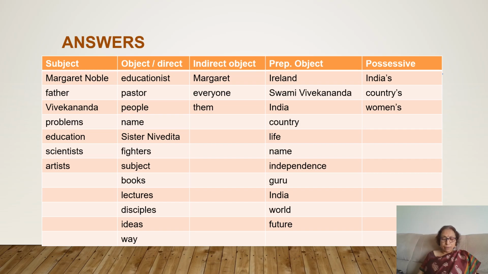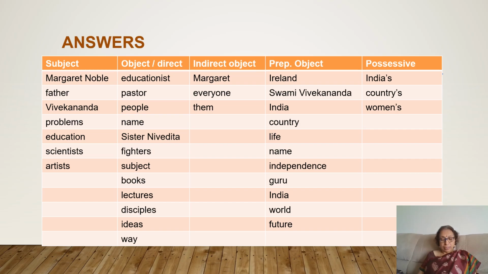Then you have she took under the guidance of her guru. Guru is here prepositional object because of preposition. She wrote many books. Books here is direct object and gave lectures. Gave lectures.